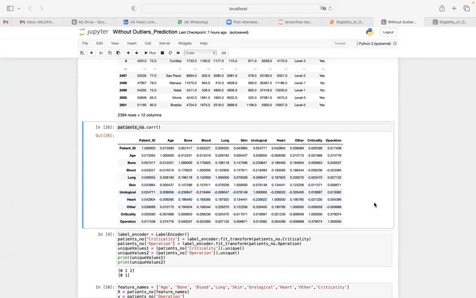But before that, you have to check whether it is going to impact or not. Ultimately we have to find out whether the patient is eligible for operation or not. That's our main goal. So we have to check whether it is impacting our operation criteria or not. If it is not, then it doesn't matter.